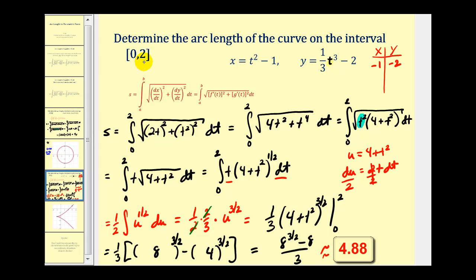When t is equal to 2, we'd have 2 squared minus 1 for x, that'll be 3. And for y, we'll have 2 cubed, that's 8 times 1/3, 8/3 minus 2. Well, 8/3 minus 2 is the same as 8/3 minus 6/3, so that'll be 2/3. So the distance between these 2 points on the curve would be approximately 4.87 units.